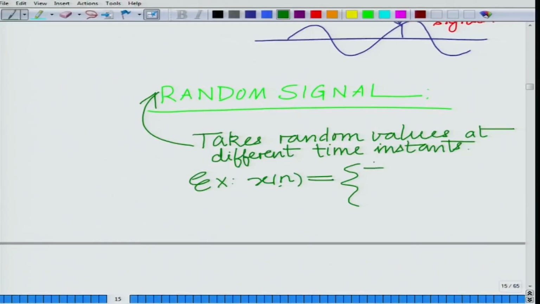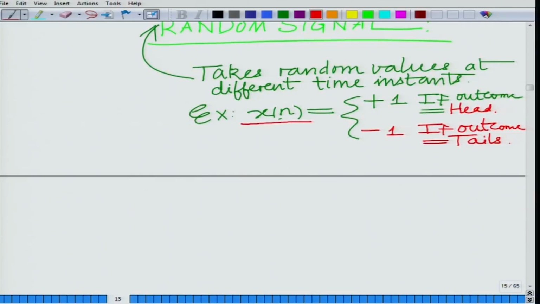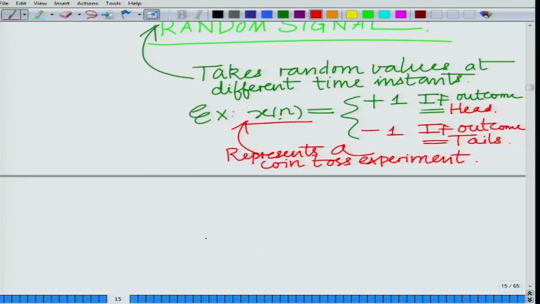So, signal x(n) equals +1 if the outcome is heads, and equals -1 if the outcome is tails. This represents a coin toss experiment.